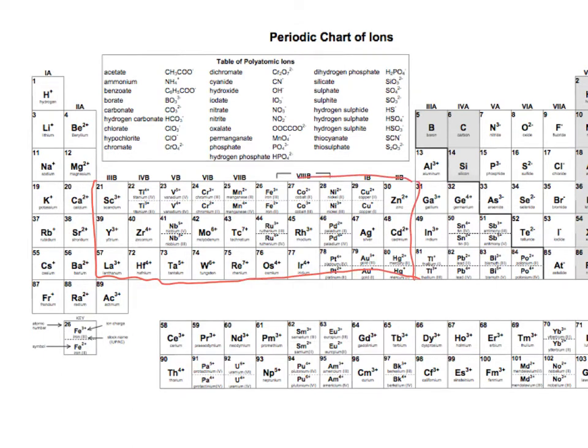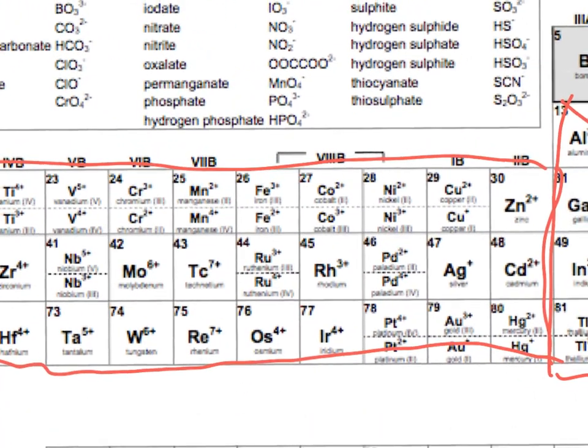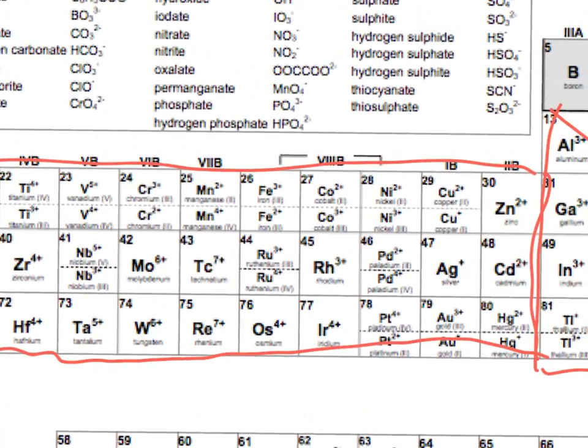And then the post-transition metals are here. Okay. If it's a transition metal or a post-transition metal, then it has the possibility of having more than one charge. And if you look at this blown up a little bit more, the resolution's not so great, but you can see, for example, that cobalt can be 2+ or it can be 3+. It depends on what it's bonded to.